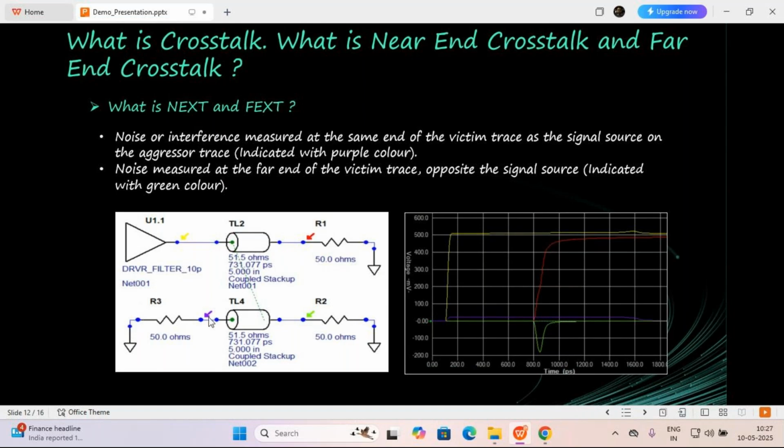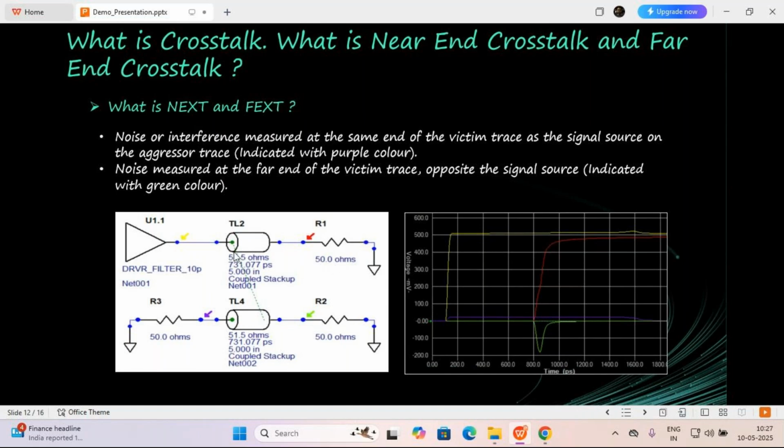The tool doesn't allow it, because we generally don't do it, as I explained. So you have to put a resistor of the same impedance value and short it to ground on both corners. Similarly here also I have shorted it to ground using 50 ohm.